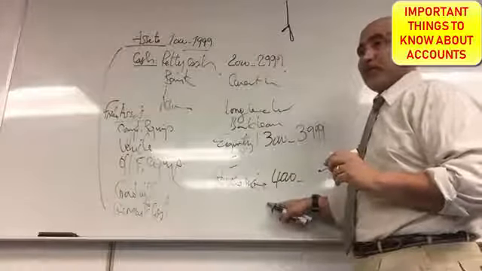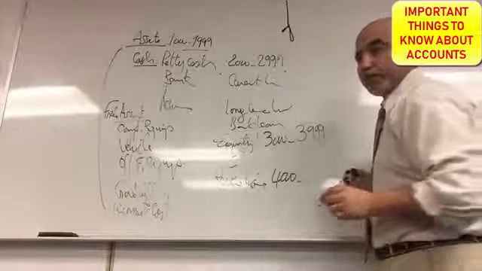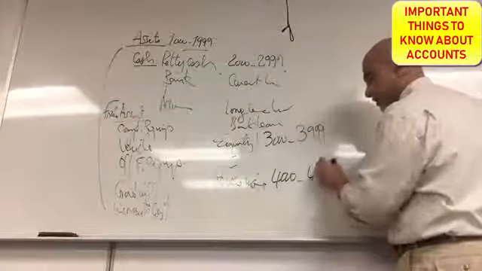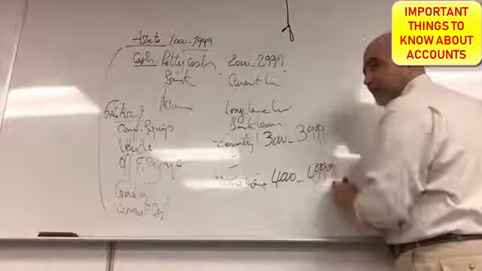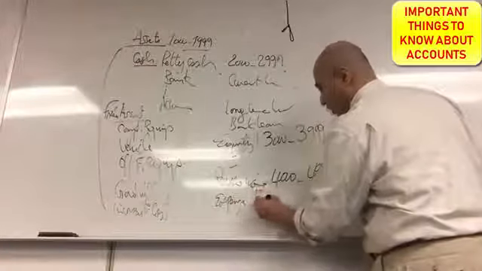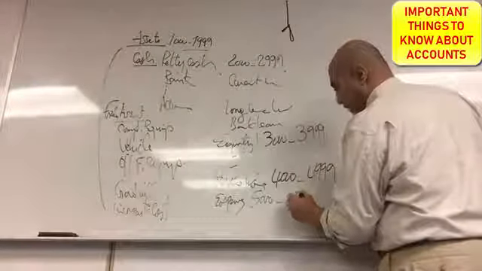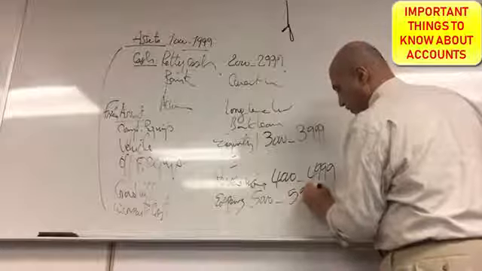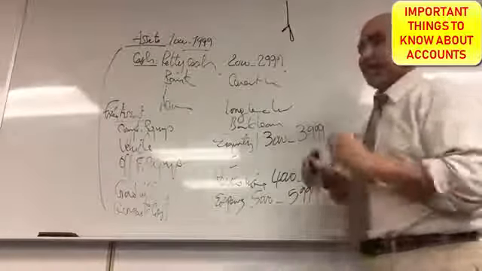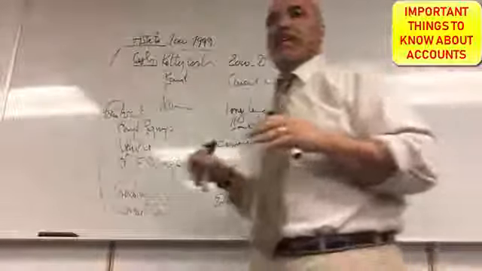The revenue account numbers should be between 4000 and 4999. And finally, expenses should be between 5000 and 5999. In general, this is what we use in Canada.